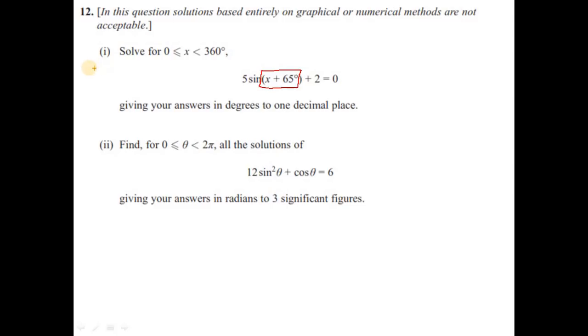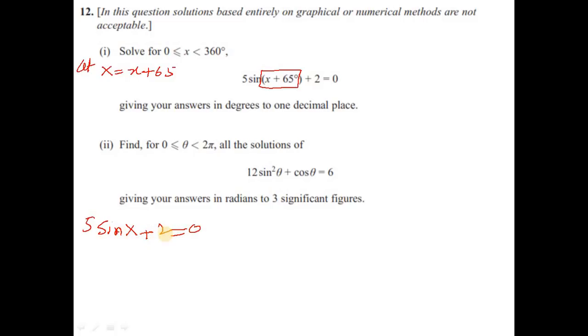So I'm going to let capital X be equal to x plus 65. It's your choice, you can choose any letter. If you do that, then your equation transforms into 5 sine of X plus 2 equal to 0.